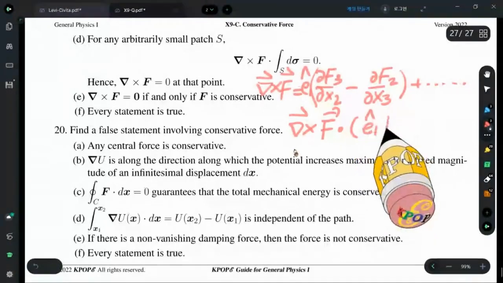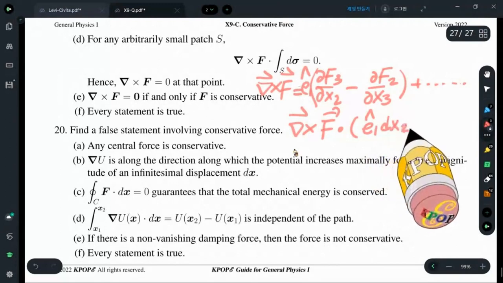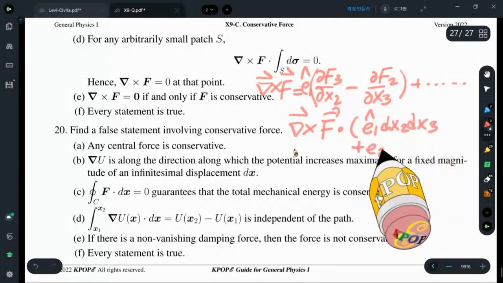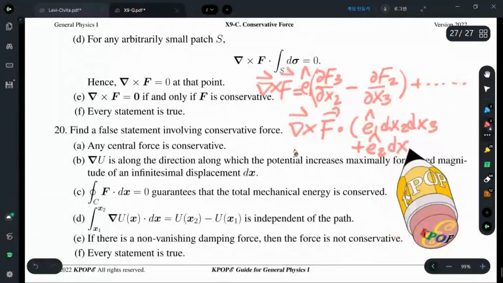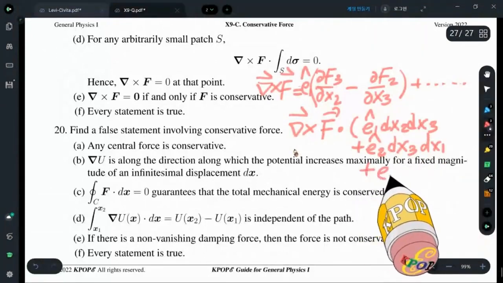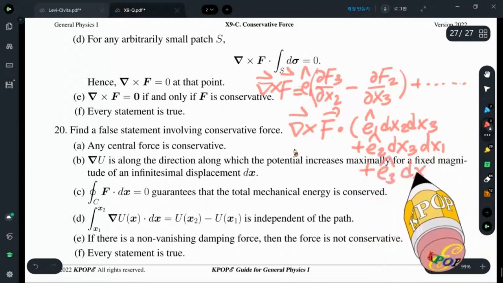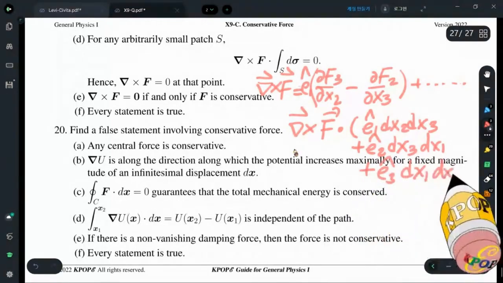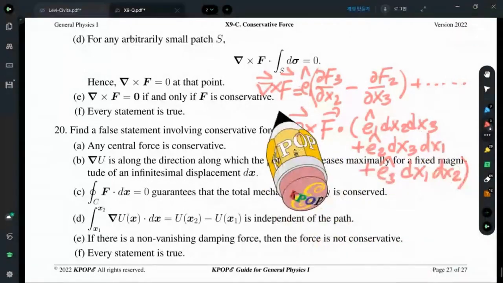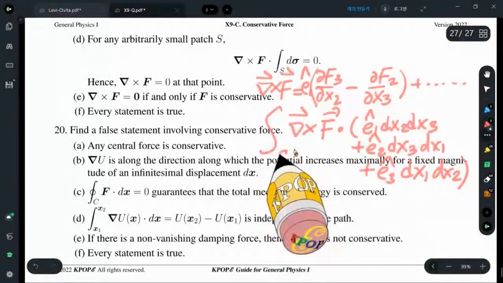I mean, dx2 dx3, dx3 dx1, dx1 dx2. If I multiply this and integrate over a surface, it doesn't have to be a closed surface.